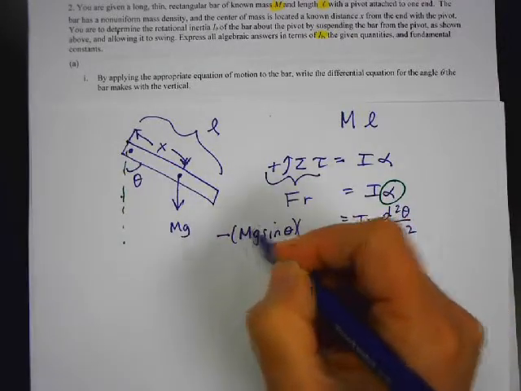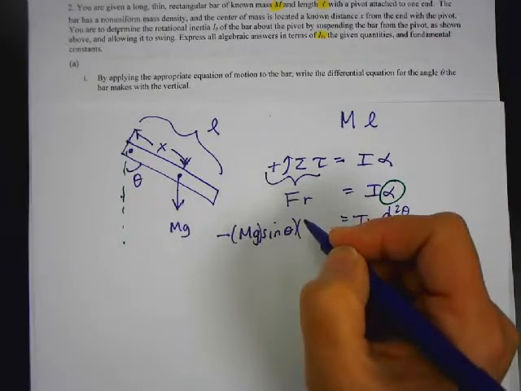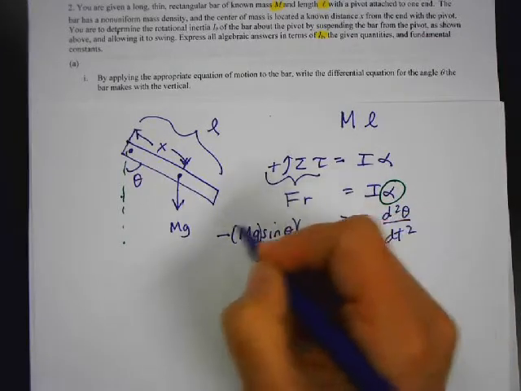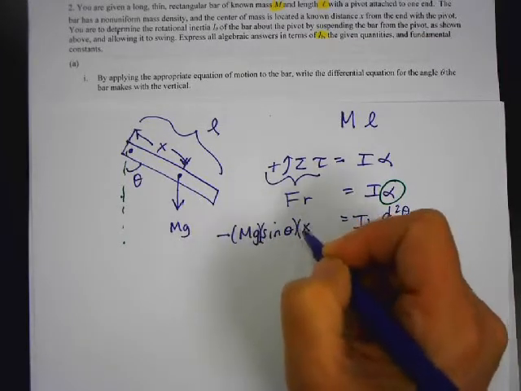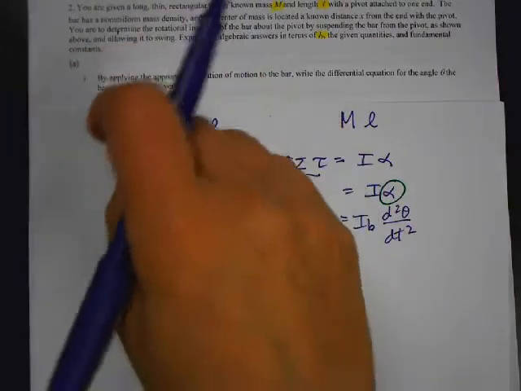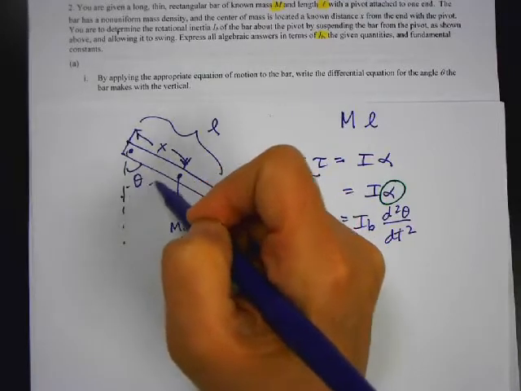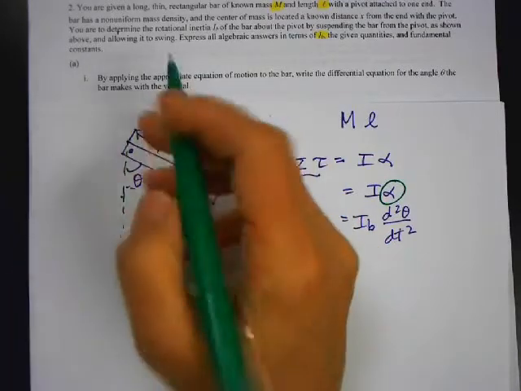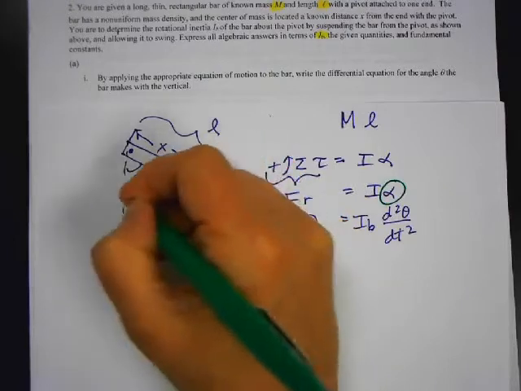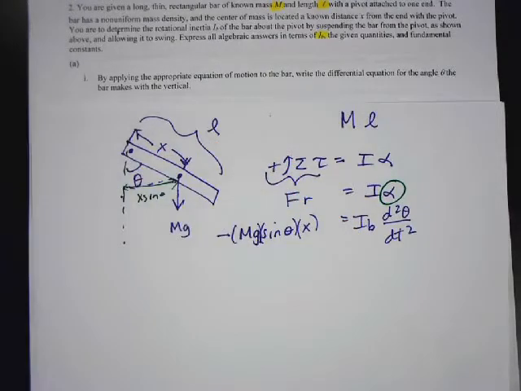Well, it should be mg times x sine of theta. The x goes in front of that, but I'll rewrite it correctly later. Remember, here's my force, and this distance to the axis of rotation is x sine of theta, because it's opposite that angle.